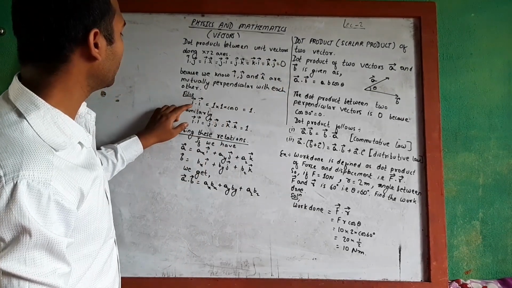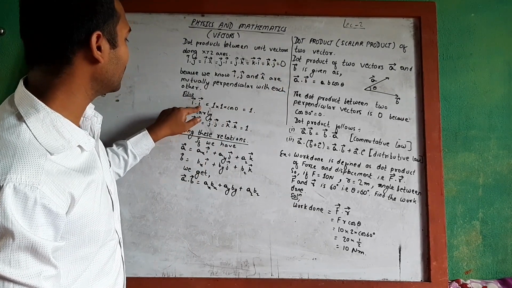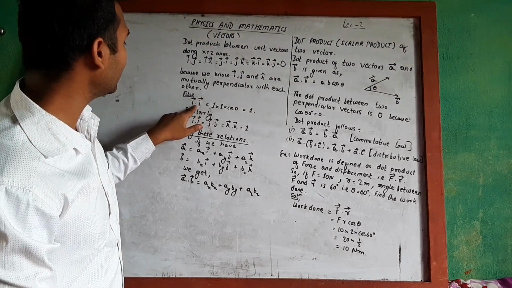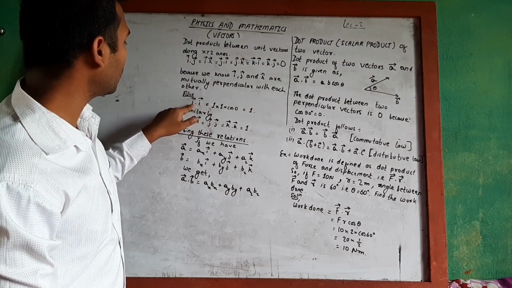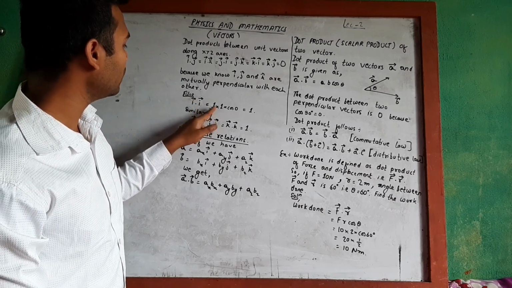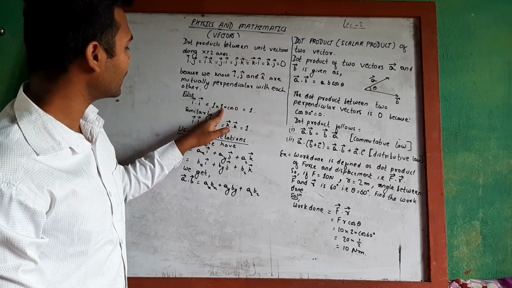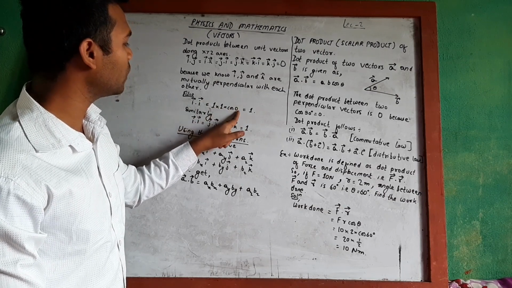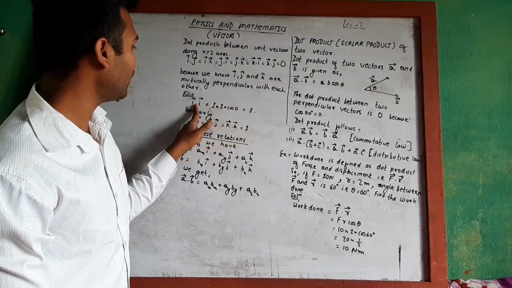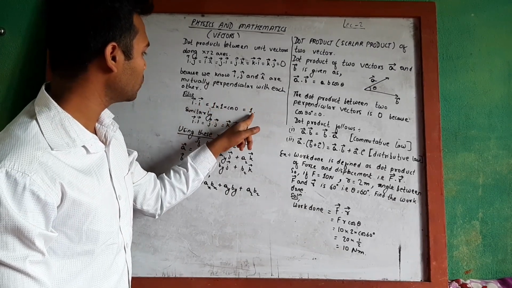Also, if we find the dot product between i vector and i vector, then i has magnitude 1, i vector again has magnitude 1, and the angle between them is 0. Cos 0, we know, is 1. That's why i vector dot i vector is equal to 1.